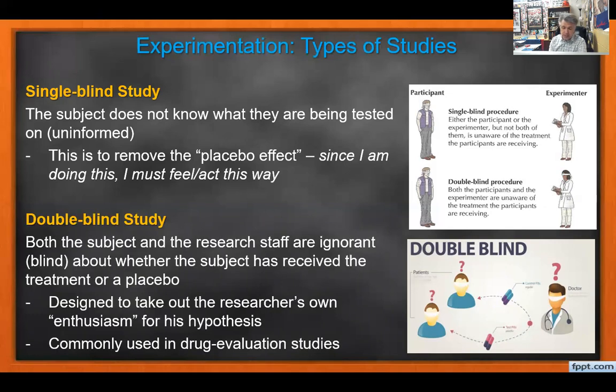A double blind study is when not only does the participant not know what they're getting or exactly maybe what it's even for, but the person administering the test doesn't know what it's for either. They're just following the operational definitions and trying to replicate it, but it's not their study. And what's very important about them not doing their study is to not influence the study.